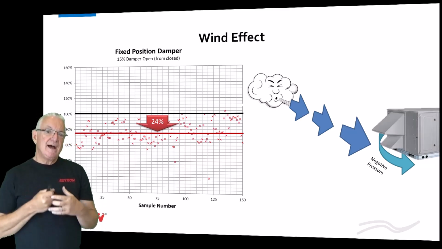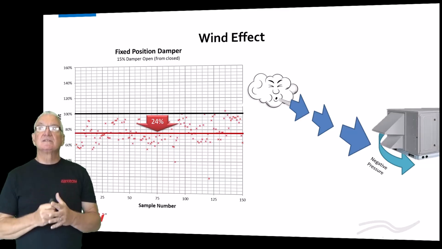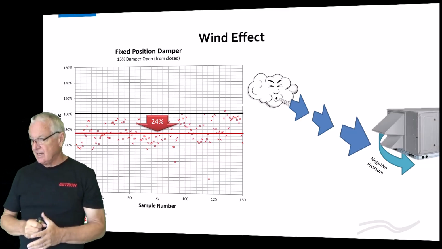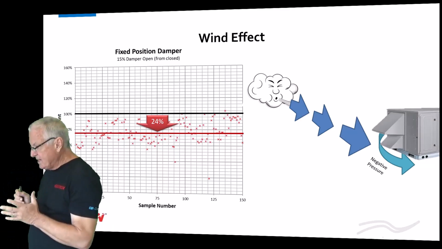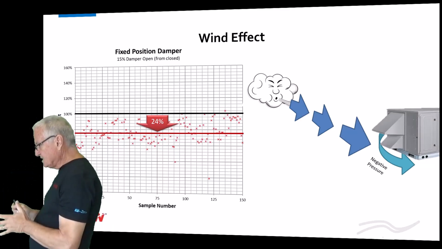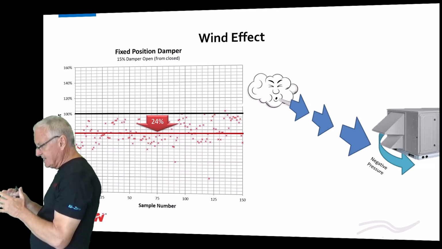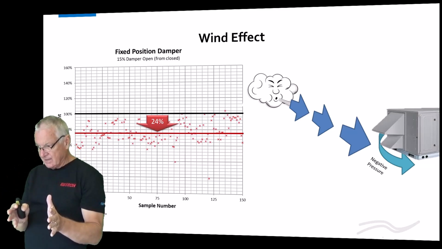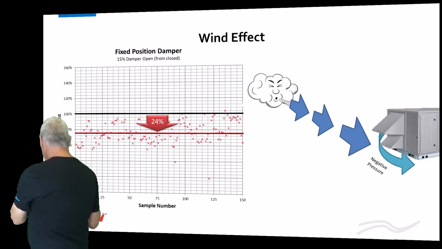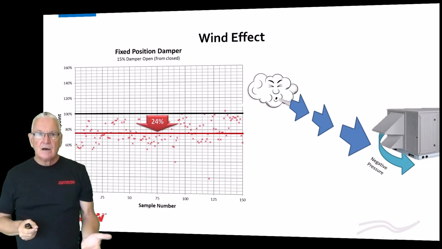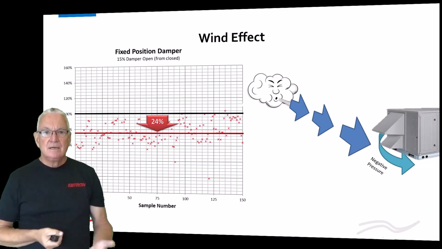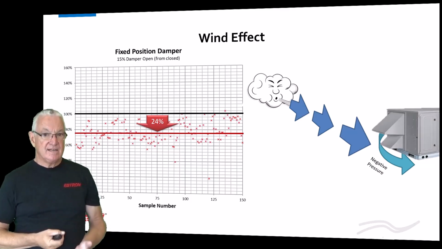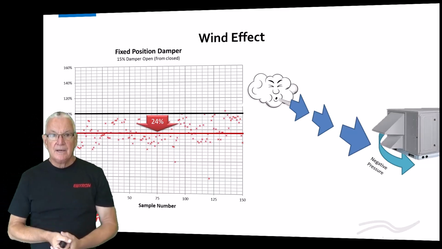People have to understand, when you have wind on an outside air intake, particularly a rooftop unit, one minute it's 15 miles an hour this way, the next second it's 18 miles an hour that way, and then it's 10 miles an hour that way. Well, what happens? You have a damper, and you can't compensate for that. In this case, the damper's fixed anyhow.